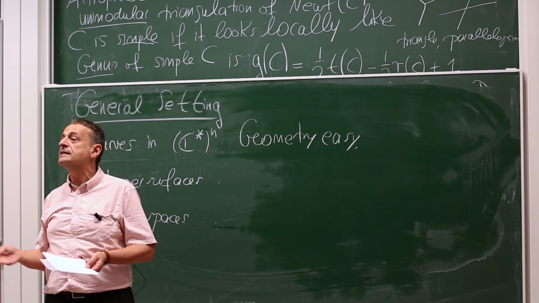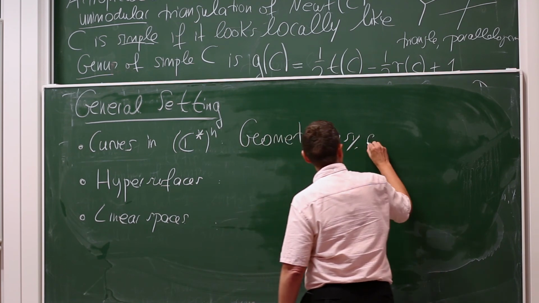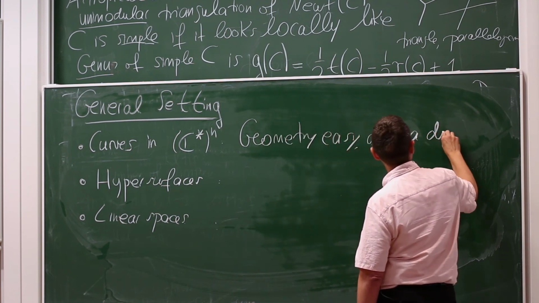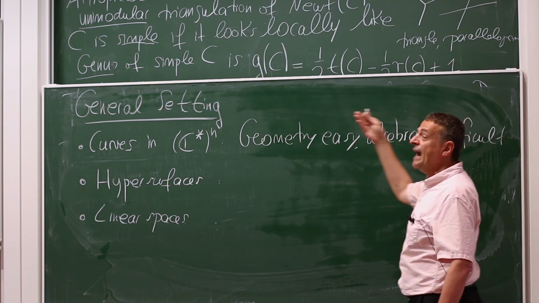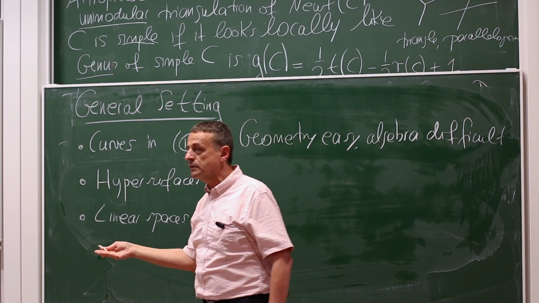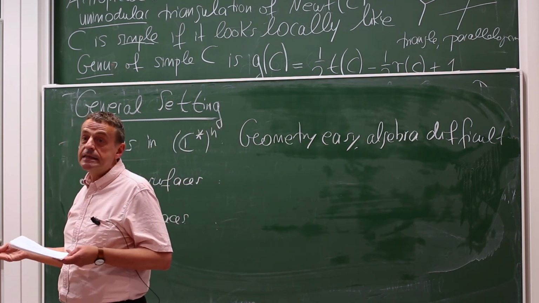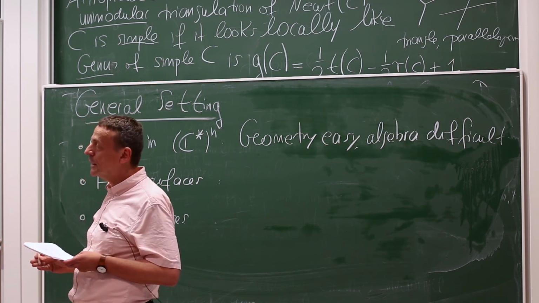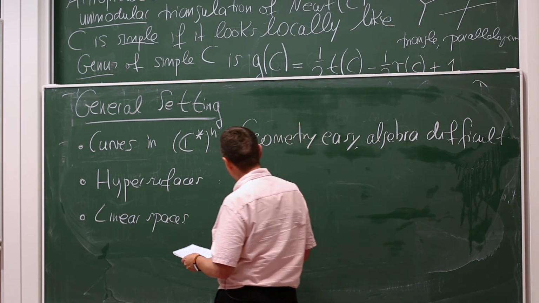So this is unsurprising from a geometric point of view, but the algebra is difficult. If you want to write down in a Gröbner, Cox, O'Shea fashion the algebra that mirrors this easy geometry, the algebra will be quite complicated. So for curves in high dimensions, easy geometry, challenging algebra.